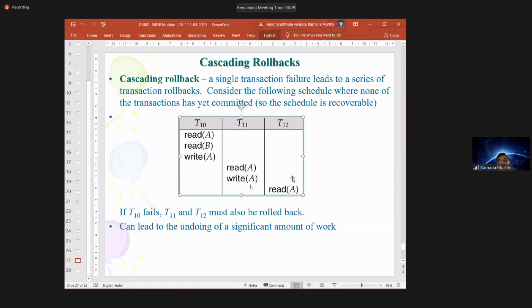As T12 is also reading a value modified by T11, and T11 is cancelled, T12 also needs to be rolled back. That means the first rollback forces T11 to roll back, and T11 forces T12 to roll back.